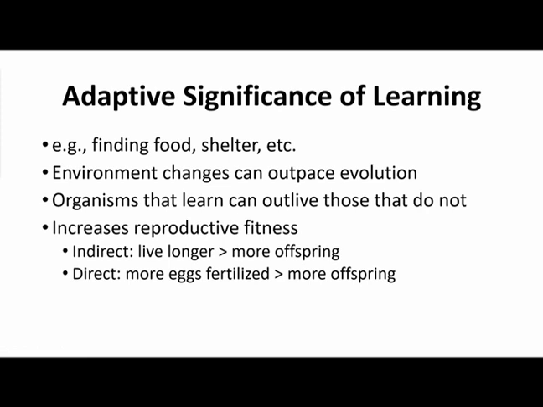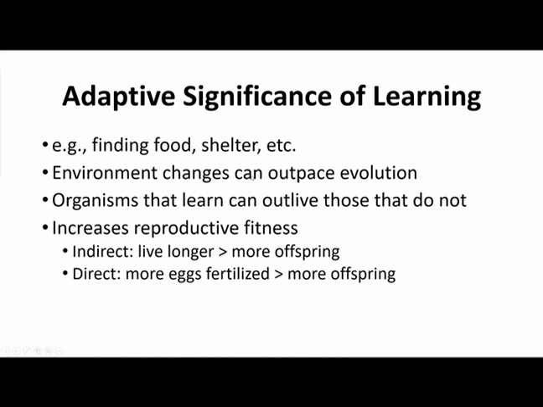Now, a lot of these terms and ideas are very closely related to things like natural selection and evolution, but you don't necessarily evolve a particular ability. Maybe if finding food is becoming more difficult, over time you might evolve to have a slower or more efficient metabolism, so you don't need as much food, but that can take a really long time.